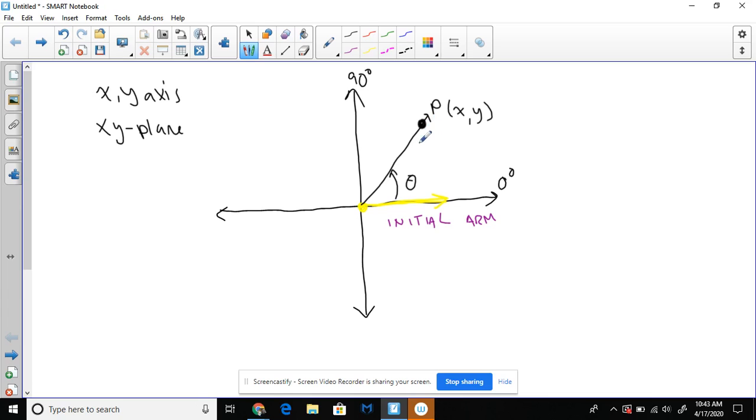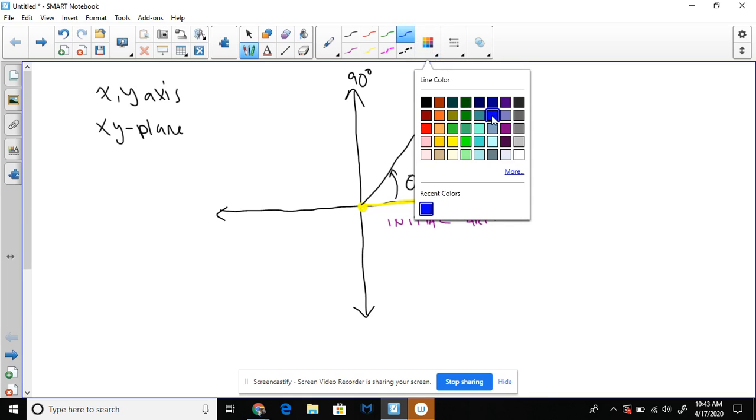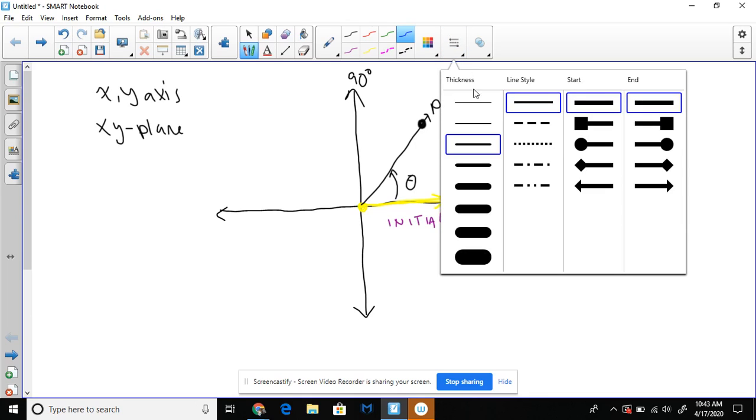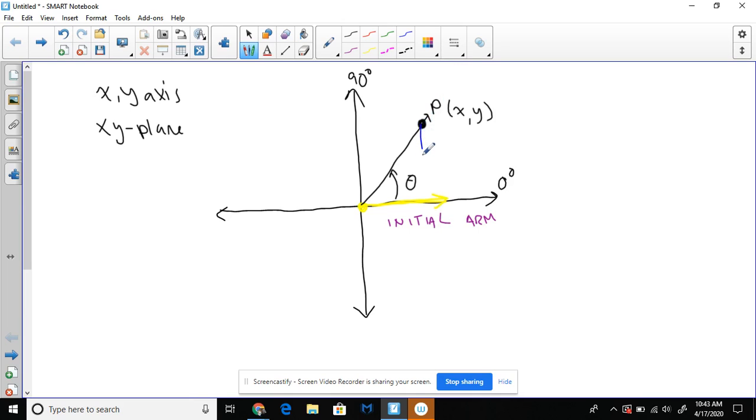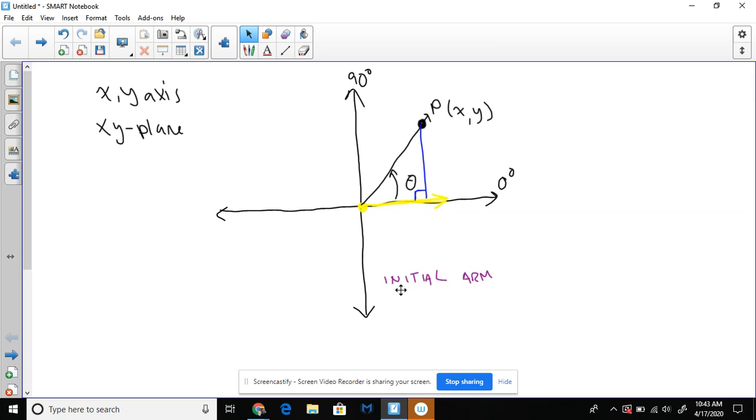And then where does the trig component come into it? Well, I can make a perpendicular triangle anywhere here as long as, from a point, I drop a height or a perpendicular.